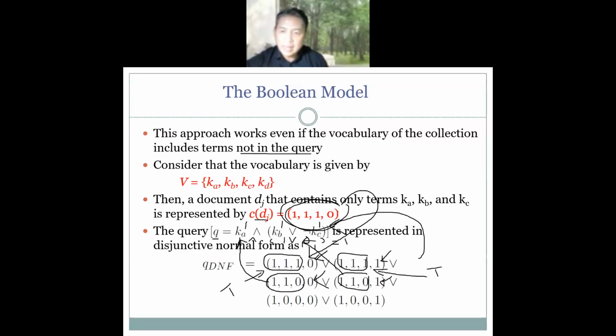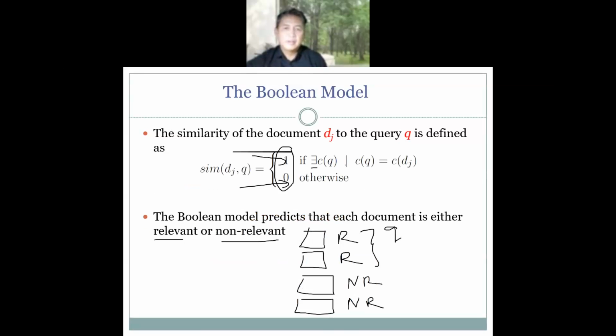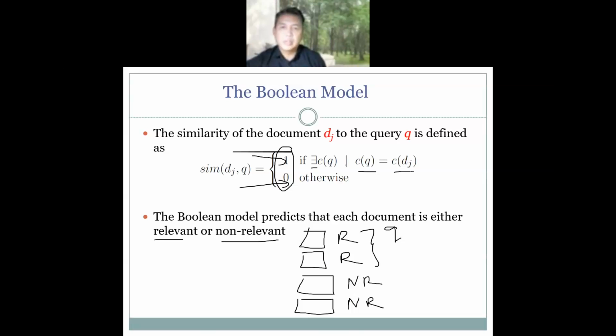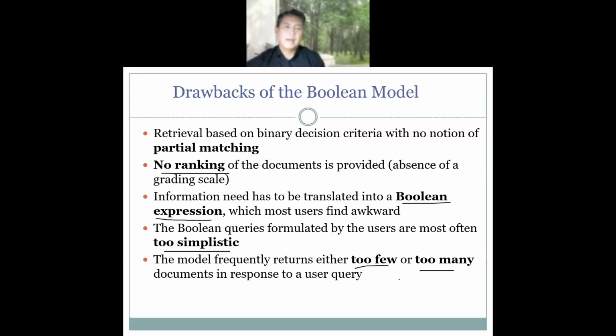If you cannot find this pattern inside here, that means this document j is not relevant. So that's the meaning of this one. We are comparing the pattern between the query and document j. If they are the same, then we put 1, relevant. If not the same, we put not relevant. But the problem is that we cannot perform the ranking because these two are similar. So for that reason, they introduced this one.